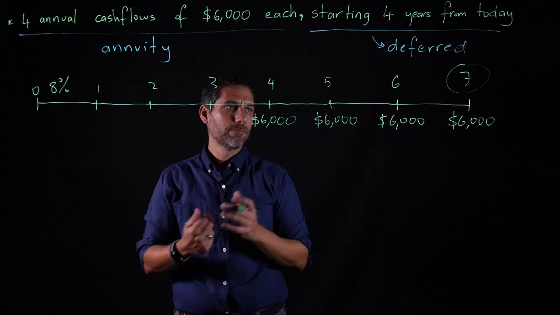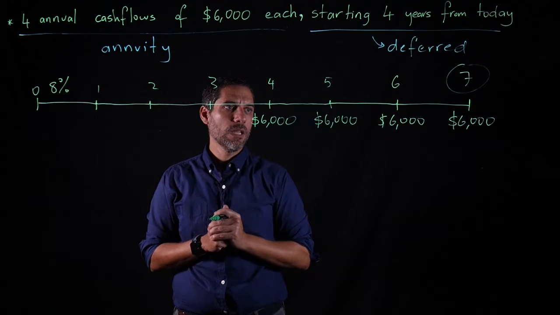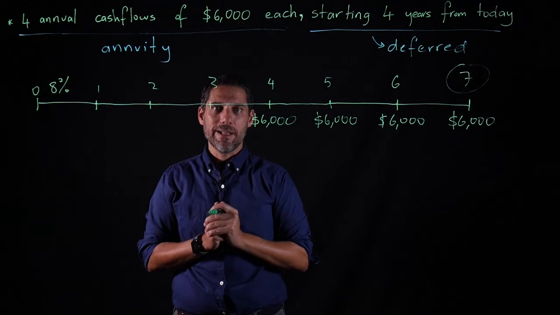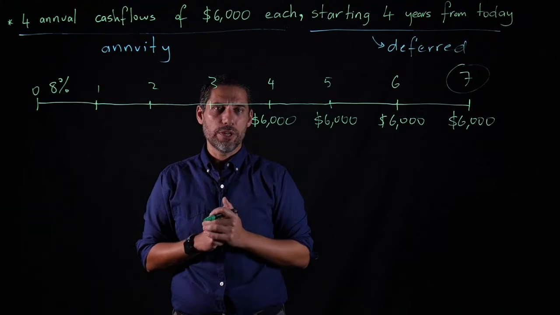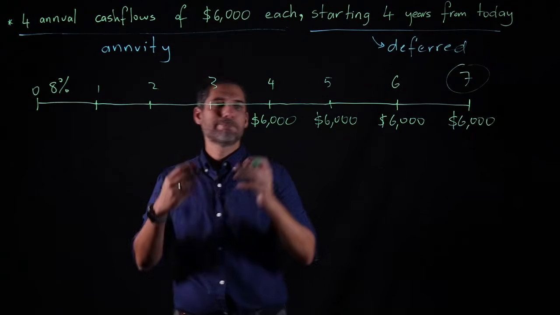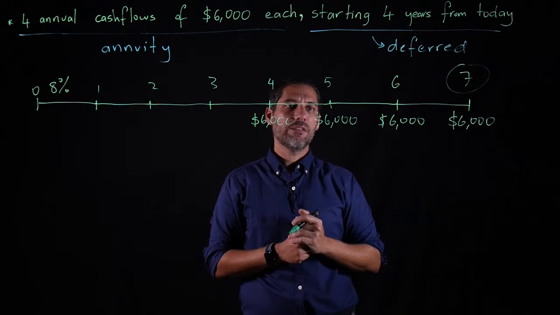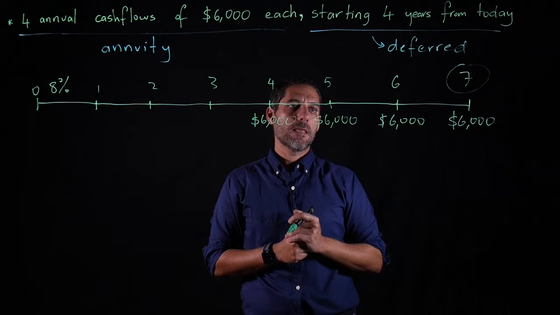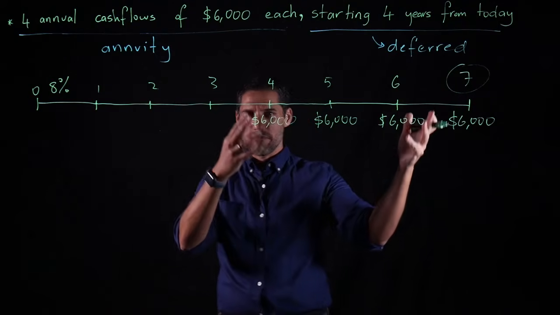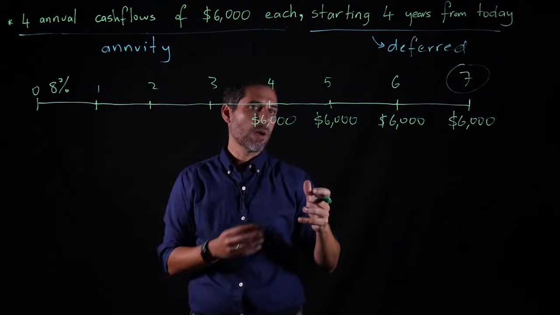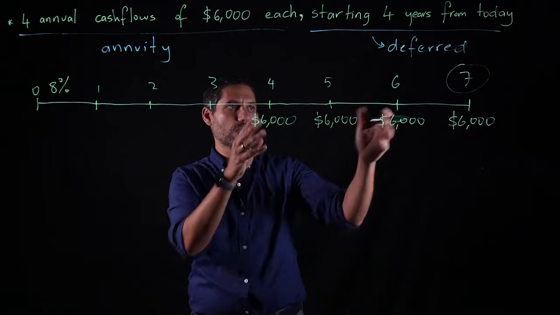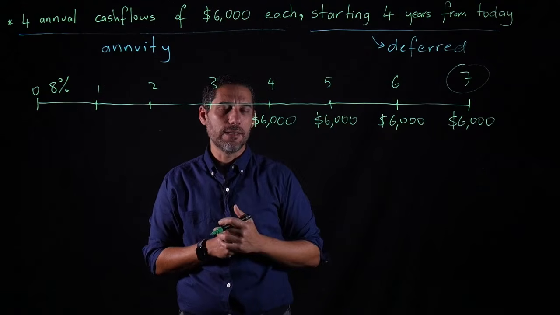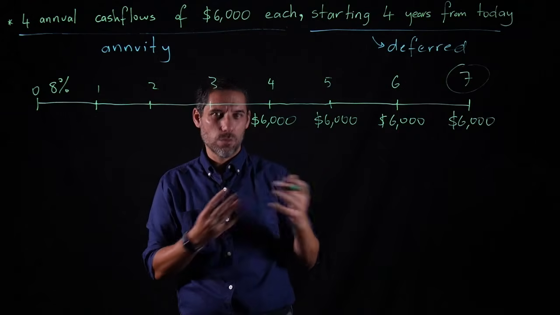There are 2 possibilities. We can look for the future value of this deferred annuity. So for example, how much are we going to have as a result of our savings or investments or deposits earning this much? These are our deposits. How much are we going to have at the end? Well, at the end when?